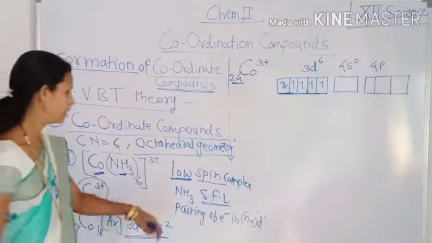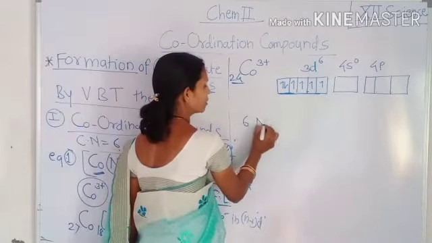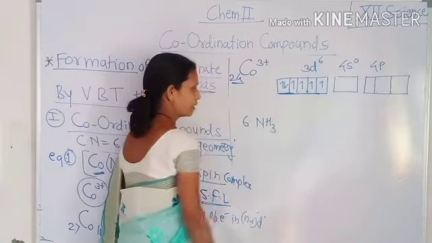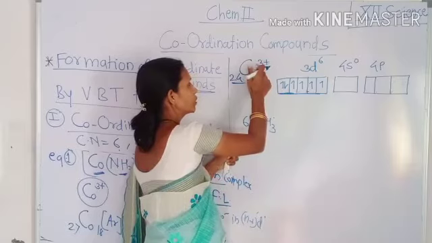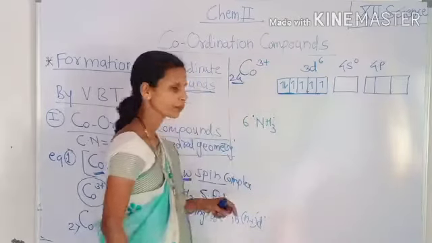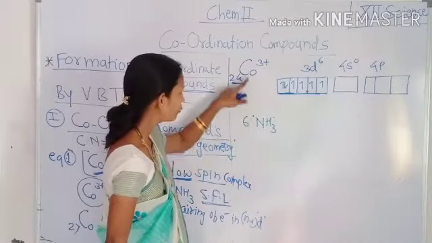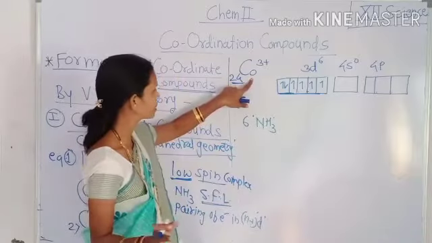That means there are 6 NH3 ligands, which when they approach the Co3+ ion, form the low spin complex.